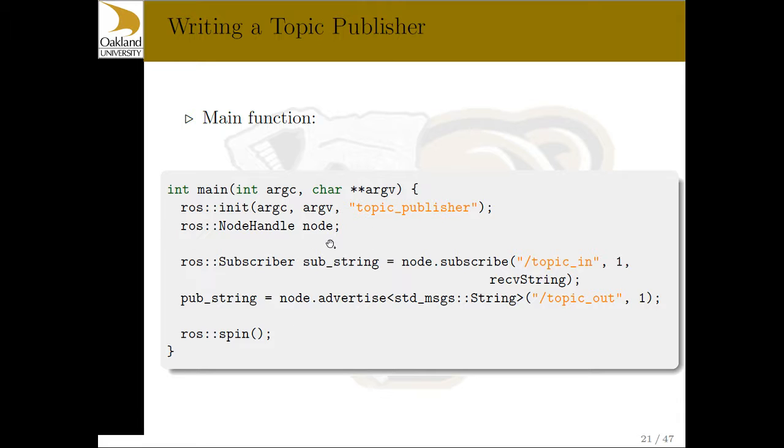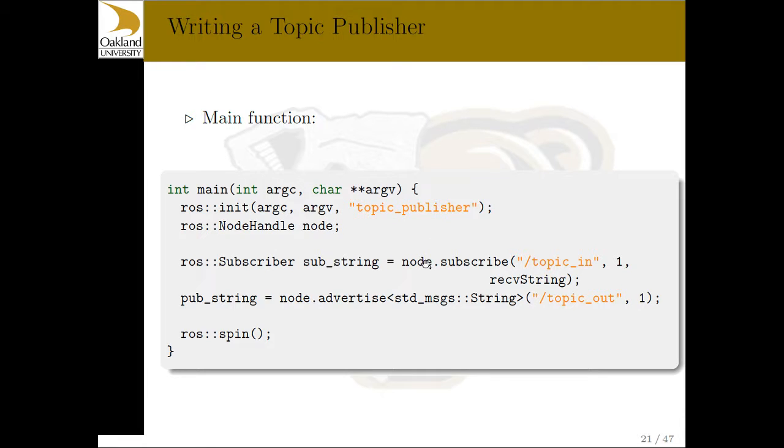Second line is what's called a node handle. This is another class, called NodeHandle, and this is the class that we use to interface with other things going on in ROS. So for example, we're going to subscribe to a string message. What we do is we declare a subscriber class and we initialize it with this node handle.